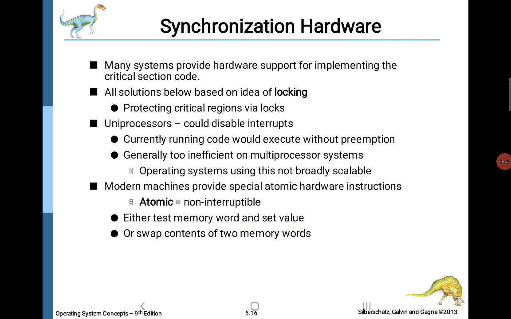There are other solutions for the critical section problem that require help from the hardware. That means the machine code itself has to be designed in a way that will not allow the cause of the problem to happen, that is, being interrupted in the middle of changing a variable value.